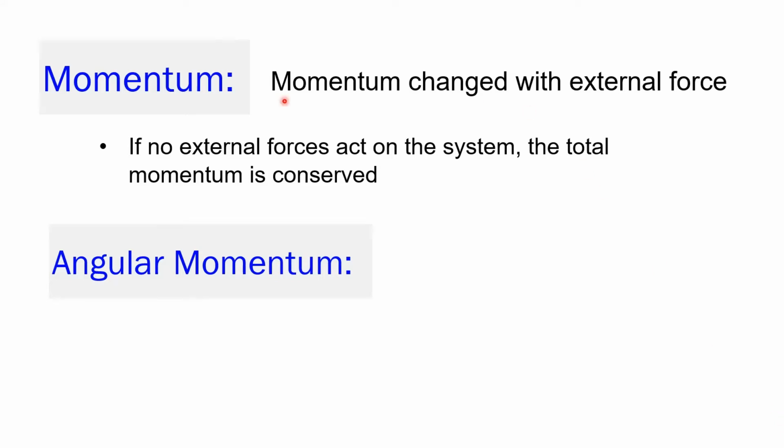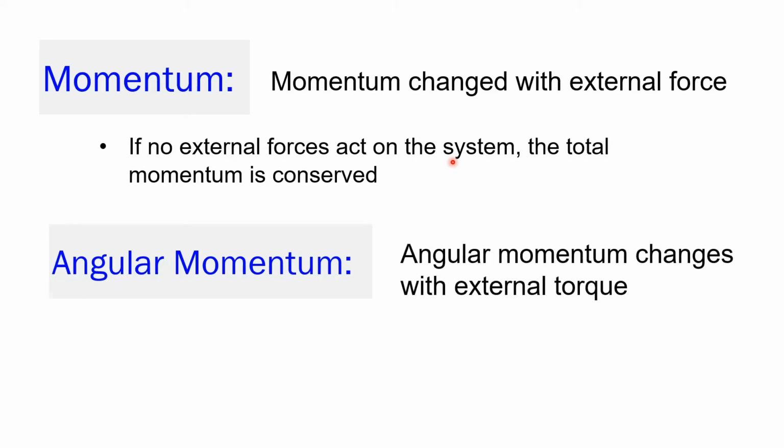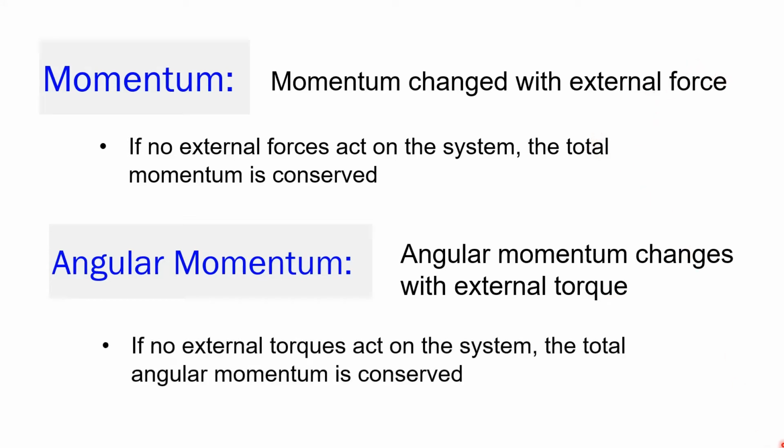Remember, the system is just a group of objects, or the group of objects you happen to be interested in. So we can say then that angular momentum changes with external torque, because that's just the rotational version of force. Likewise, if no external torques act on the system, the total angular momentum is conserved.